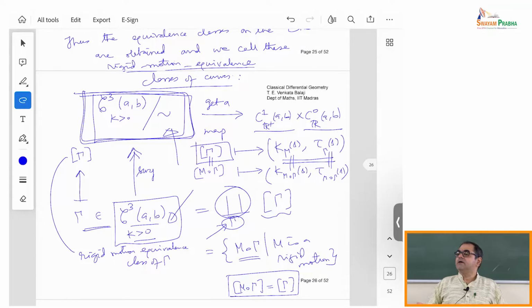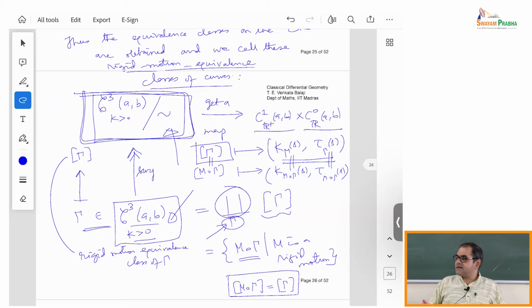So what we have actually proved is that there is a map from the rigid motion equivalence classes of curves to this product space of functions. And this is the starting point.